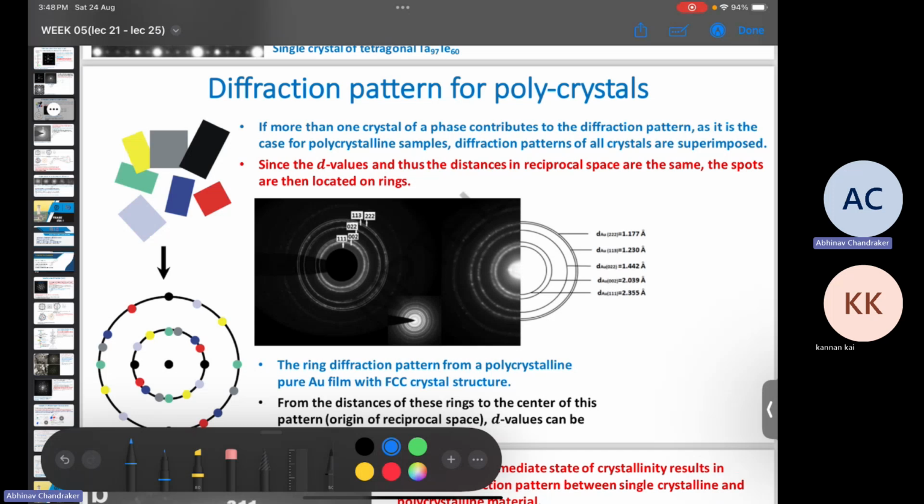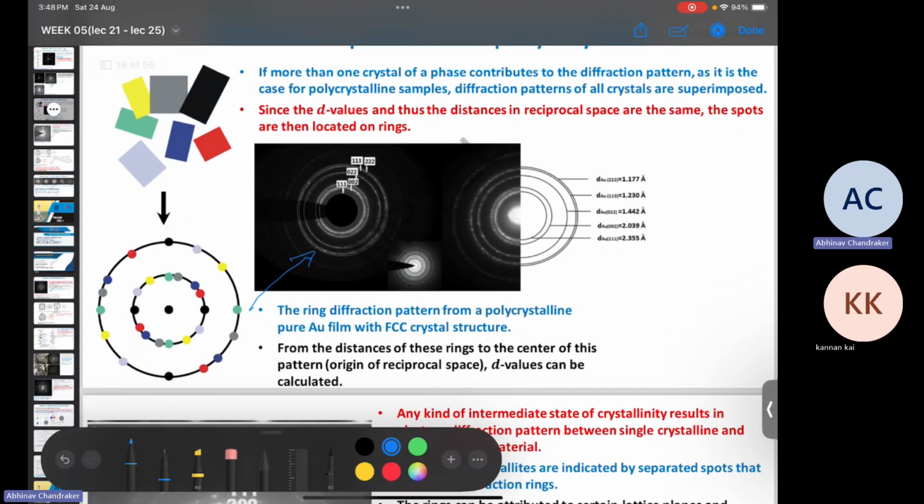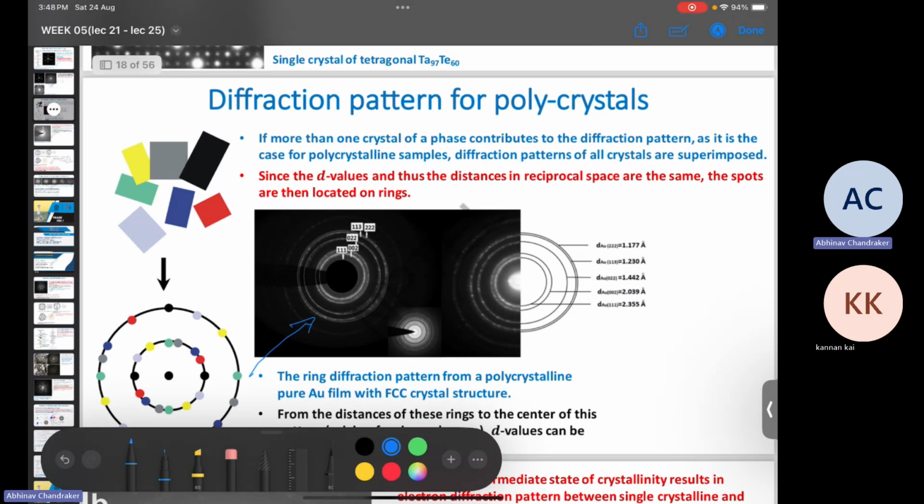And if we do TEM of a polycrystal specimen, instead of seeing clear diffraction spots, what we'll observe will be rings of this kind. This happens since we have multiple grains or multiple different crystals. A grain can be considered as equivalent of a crystal, you can crudely say that.